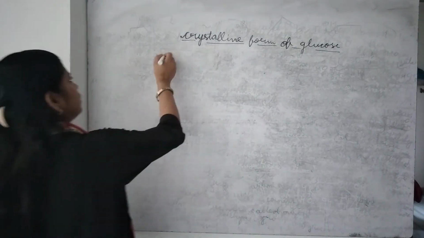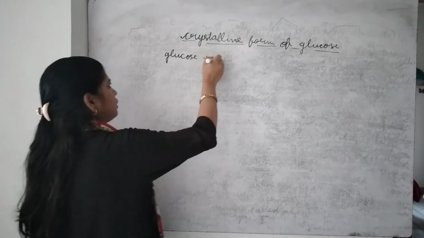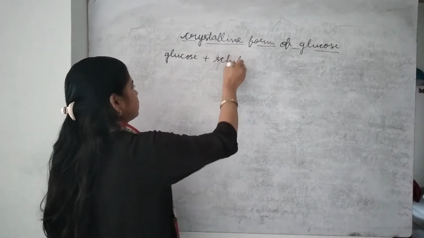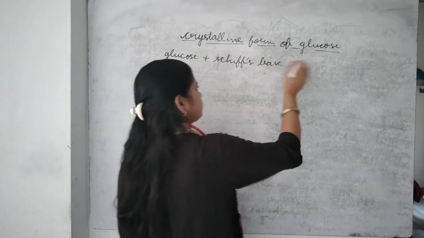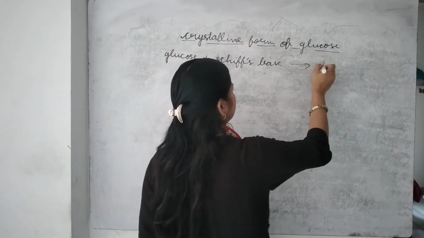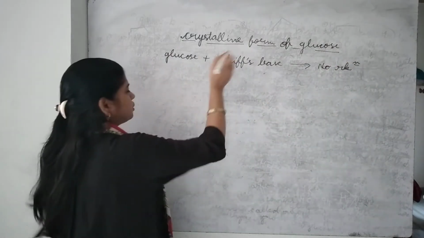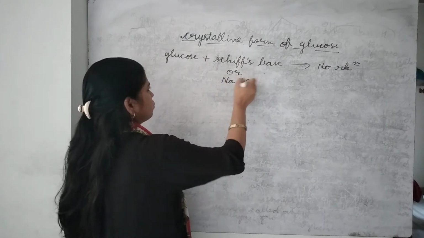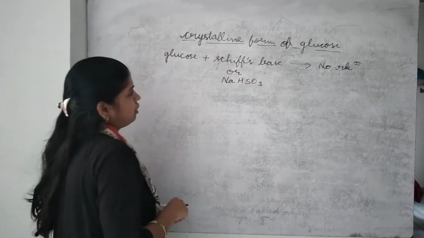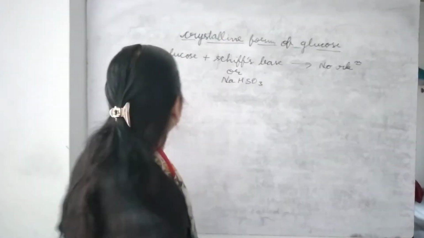Like if this glucose is trying to react with Schiff's reagent, then no reaction occurs. Or NaHSO3, sodium bisulfite, in this case also no reaction occurs.